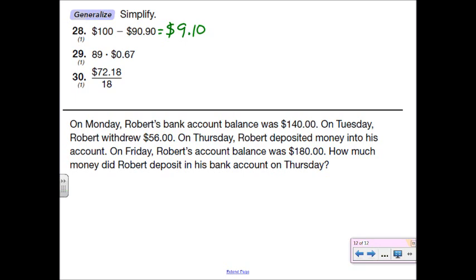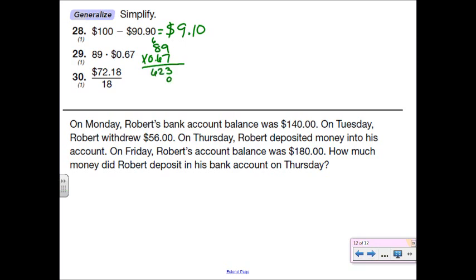Number 29, we have $89 times 67 cents. We can do that the long way. So 89 times 0.67. 9 times 7 is 63. 7 times 8 is 56, plus 6 is 62.